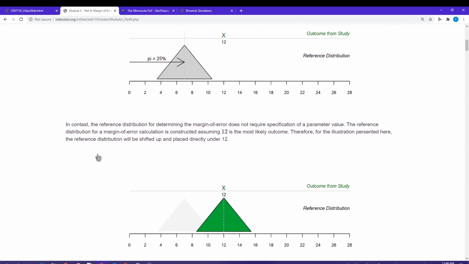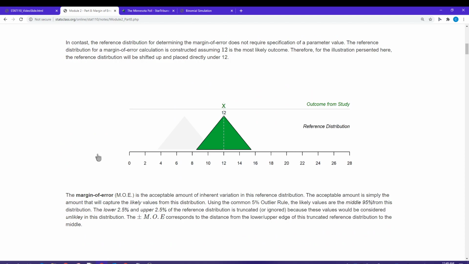In contrast, when we use the reference distribution to determine the margin of error, it does not require specification of a parameter. And in fact, the reference distribution is set directly under the study outcome.